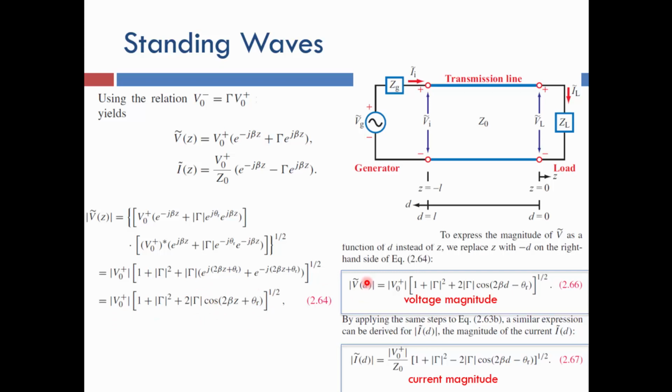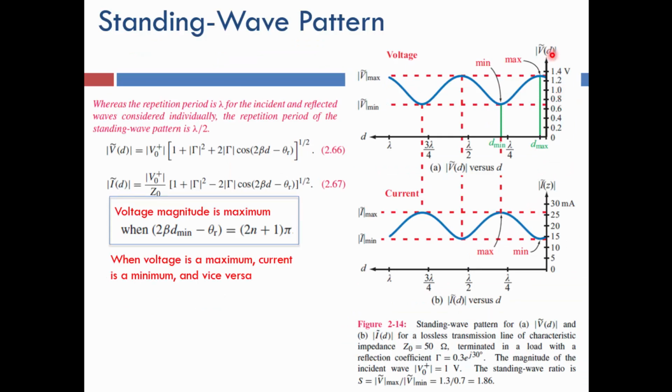If we plot this equation, we get, as we said, a sinusoidal plot representing the magnitude of the voltage or the magnitude of the current. This oscillation occurs because of the superimposition between the traveled and the reflected components.